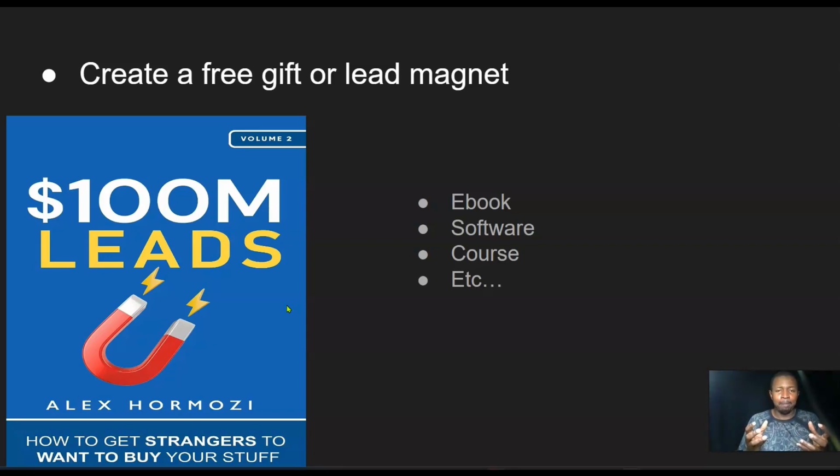So it's a very important step where we have to spend a lot of time to build that free valuable gift. And on that note, I strongly suggest that you read Alex Hormozi's book, on how to get strangers to want to buy your stuff, the $100 million leads.